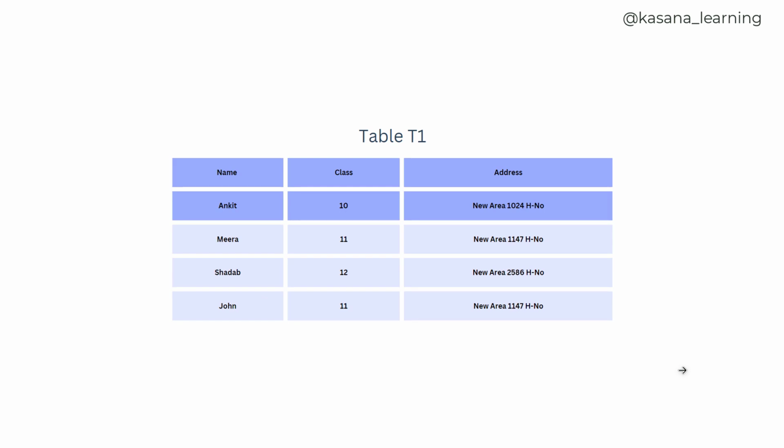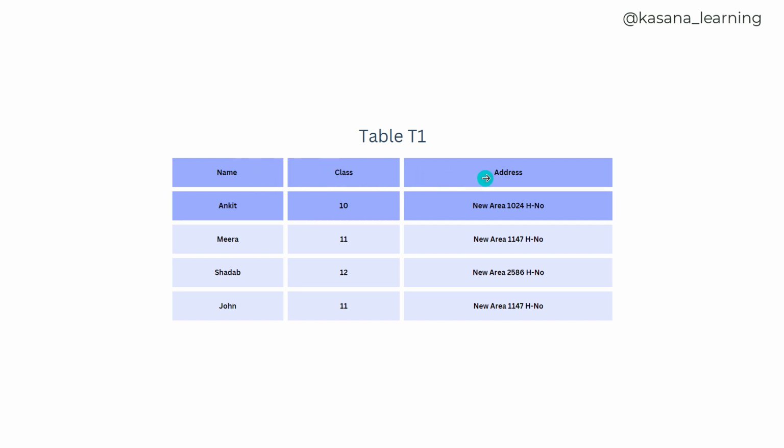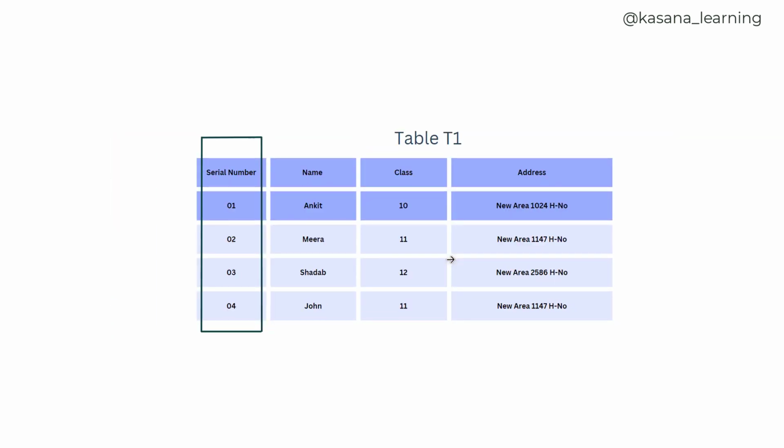Now the last one: let us suppose we have a table with three attributes, name, class, and address, and none of these can uniquely identify the data in the table. So basically there is no candidate key. For such tables, we introduce an external attribute or column, and let us suppose we name it serial number.